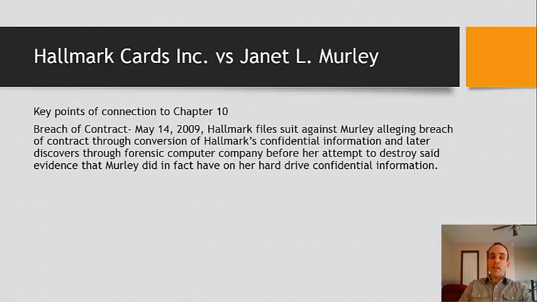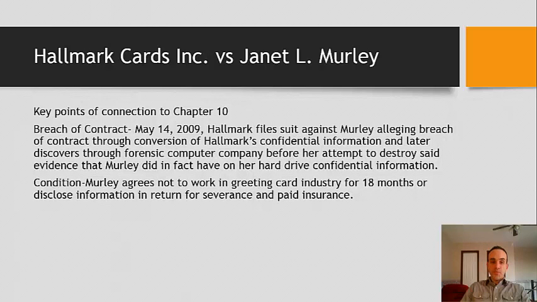It was later found out that Hallmark had hired a forensic computer company that had discovered that she had destroyed the information that was still saved on her hard drive, and that information was distributed to her new company.